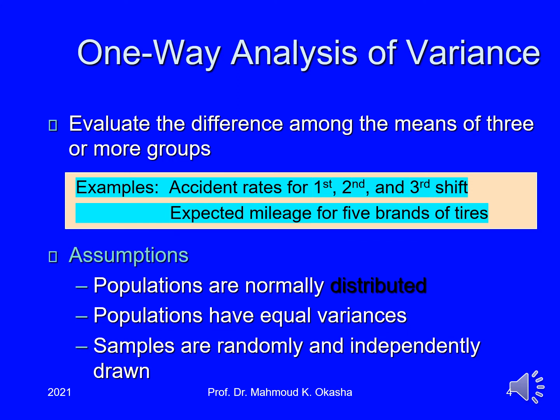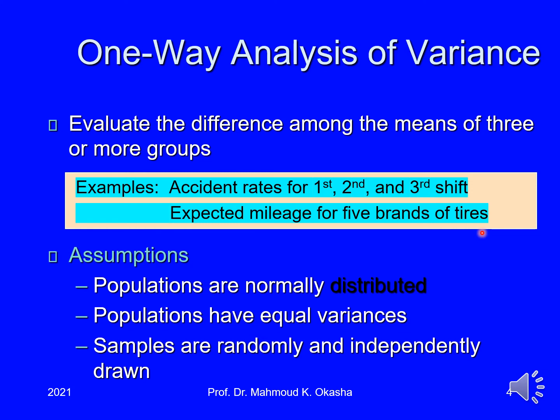In this example, accident rates are normally distributed, or expected mileage for the 5 brands, and for the whole replications, the random units are normally distributed, and also their variances are equal, so they are homogeneous. The populations have equal variances, so the groups are homogeneous.